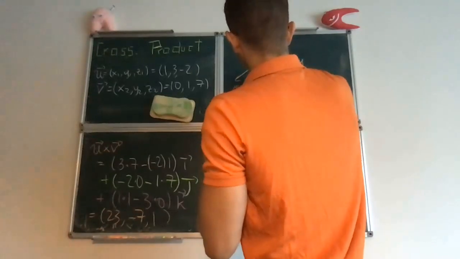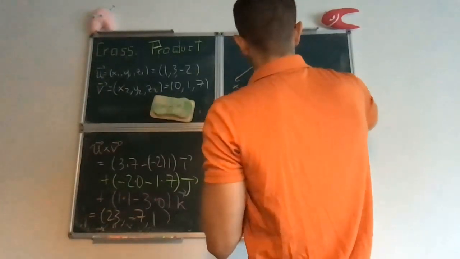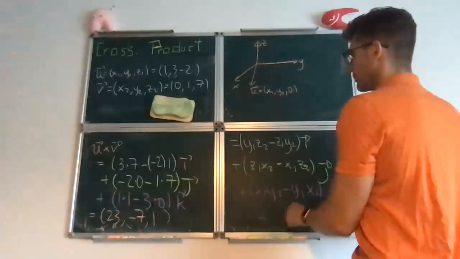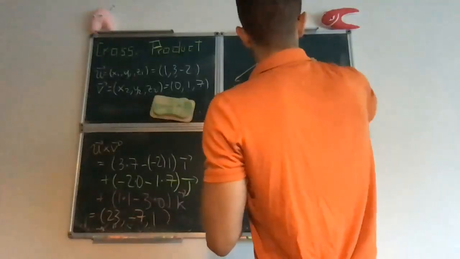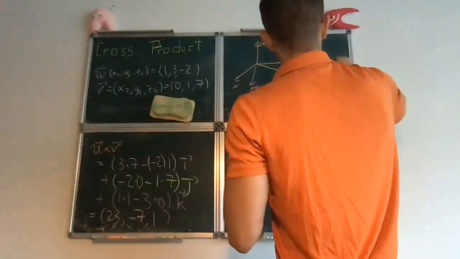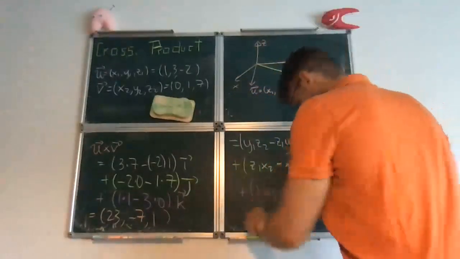So you have a vector u, which is x1, y1, but the third entry is 0 because it belongs to the xy plane, and you have another vector v, which is x2, y2, but the third entry is also 0 as well.